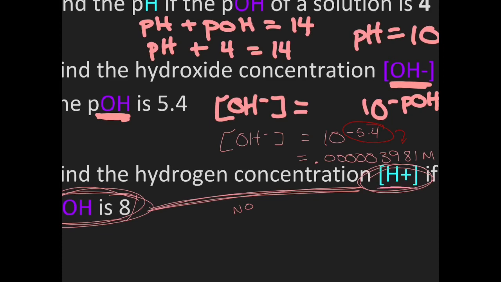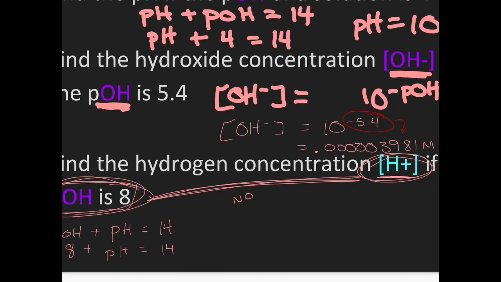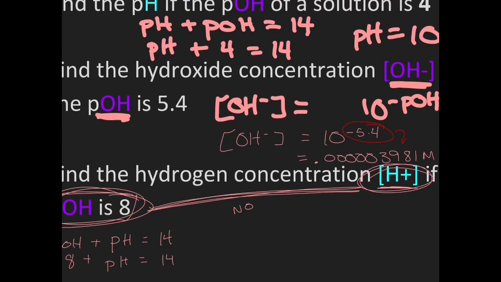I know my pOH plus pH equals 14. So 8 plus pH equals 14. What is my pH going to be? My pH equals 6.